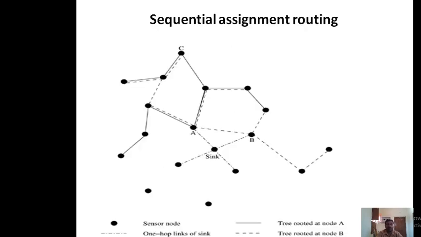Now we go to the diagram of sequential assignment routing. The diagram simply looks like a tree structure, as we saw in data structures.